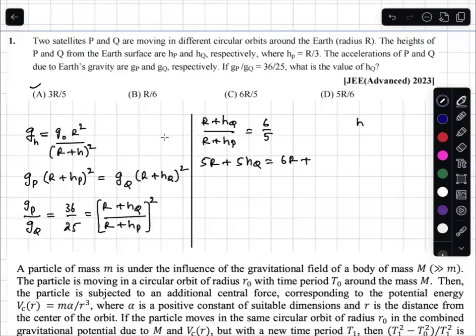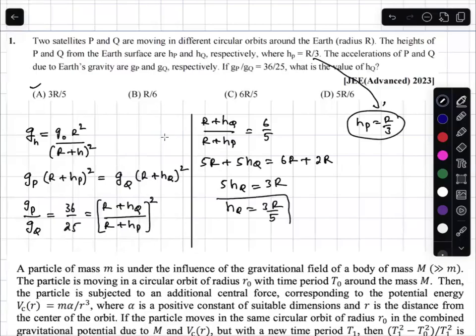Don't forget they have given HP as R by 3, so 6 times R by 3 becomes 2R. So therefore, 5HQ becomes 8R minus 5R, 3R. So therefore, HQ becomes 3R by 5.